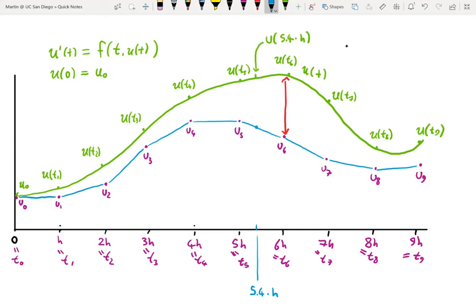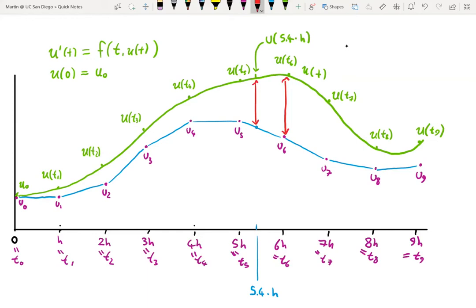Now, taking a look at this dot on the blue line, that is supposed to be an approximation of u at time t = 5.4h. We can again ask, okay, what is the approximation error? And that question is precisely what is answered by the second error estimate that we have derived. The first error estimate was concerned with the approximation error at the discrete time steps. And the second error estimate was concerned with the approximation errors if we consider times in between the discrete time steps.